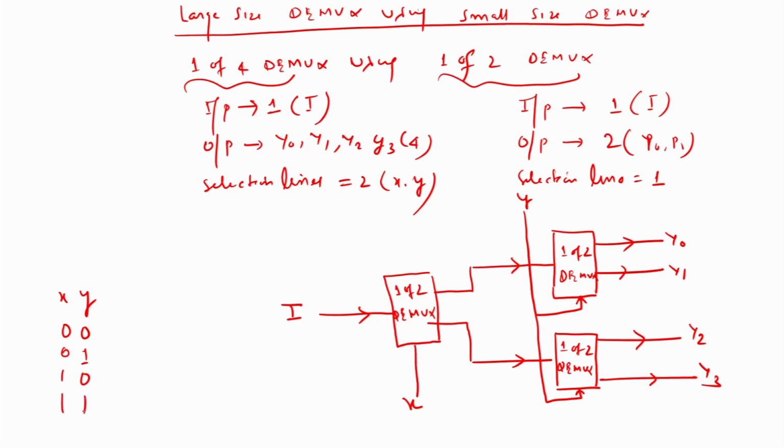In this way we represent a 1 of 4 DMUX by using 1 of 2 DMUX.